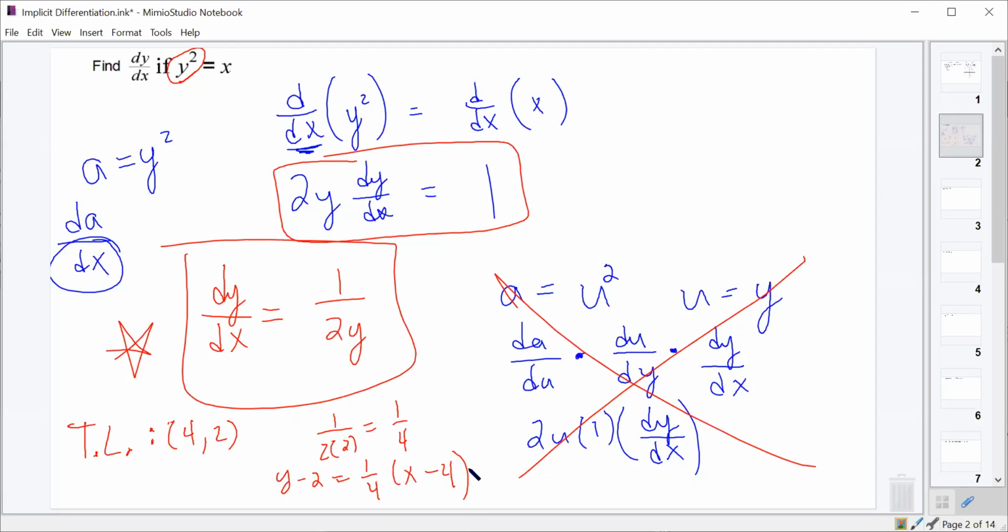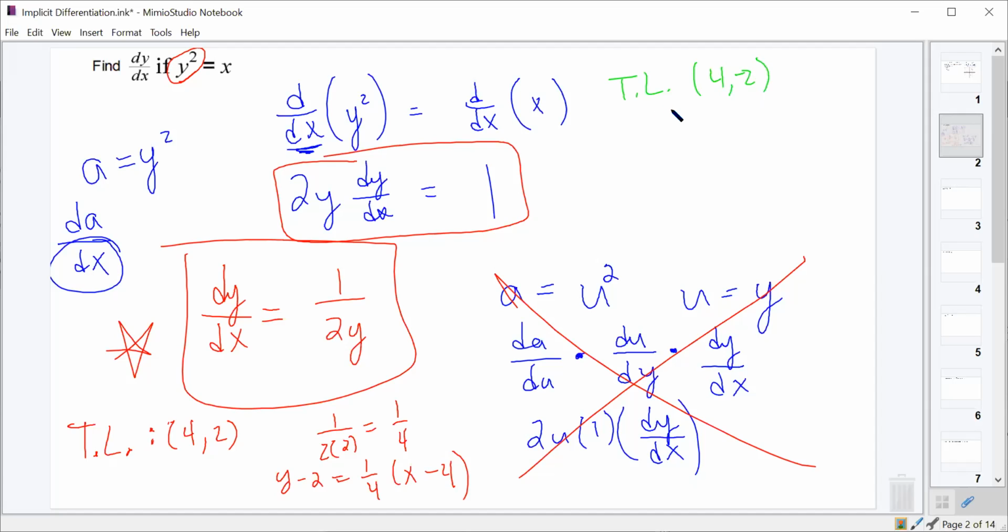What if I wanted it to be at the point, let's say, 4, -2. Do this up here, the tangent line at 4, -2.